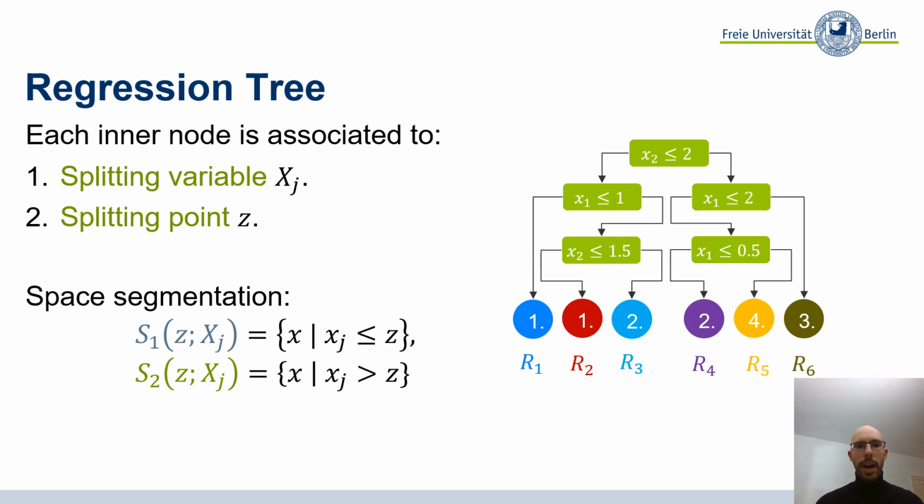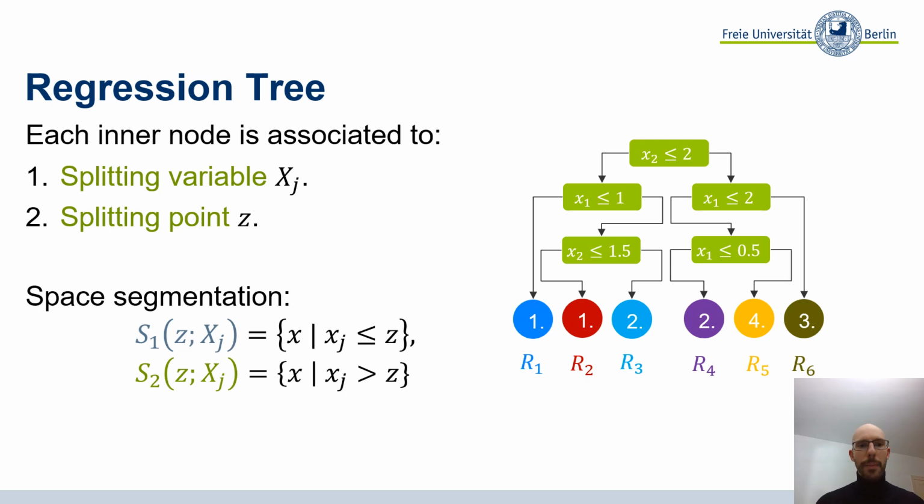And what we want to do now is conduct a split along a single one of those dimensions. So we want to look at a single one of those input features, and we have a splitting point c, which segments our space along that dimension into two half spaces.